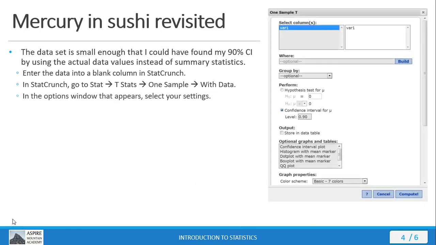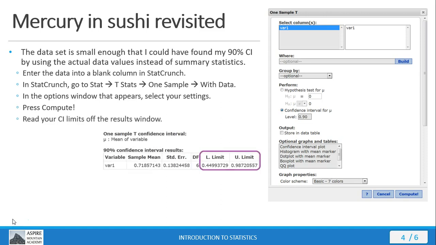And then notice how the options window is a little different. So now we have actual data. We're going to select the column where our data is located. And we're going to continue to click that radio button for confidence interval, select the confidence level 90%, and then go hit compute.